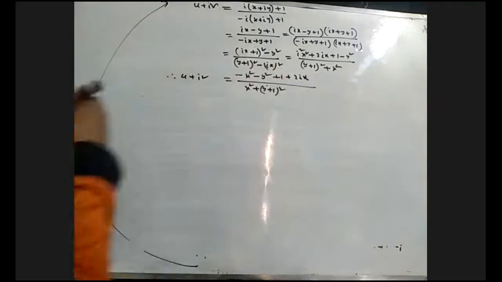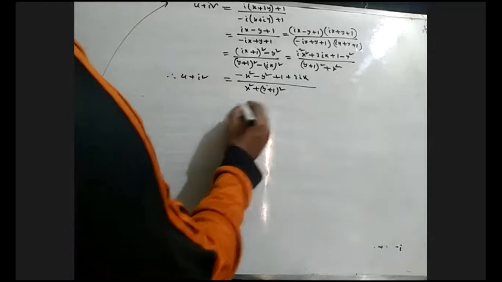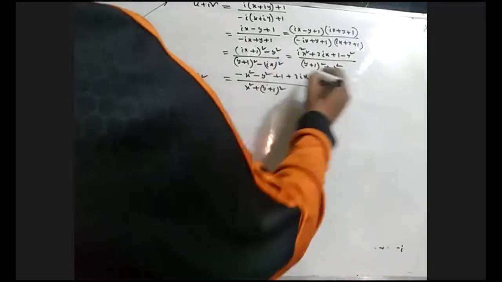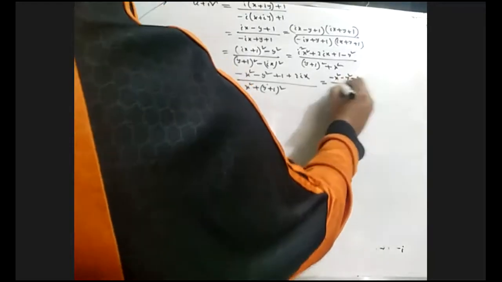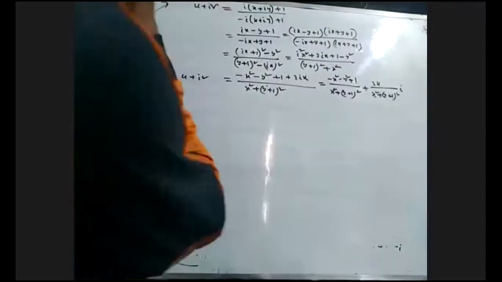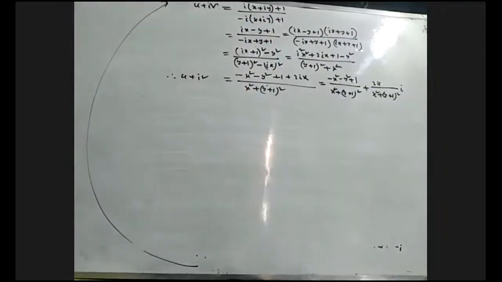What will be the real part? We can divide it into two parts: 1 minus x square plus 1 divided by x square plus (y plus 1) whole square, plus twice x divided by x square plus (y plus 1) whole square into i. That means this is the real part, u below this and v below this one.